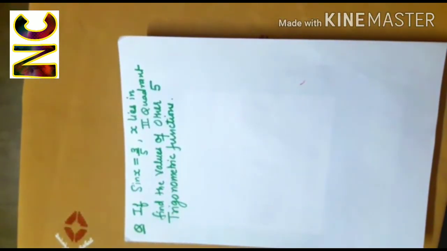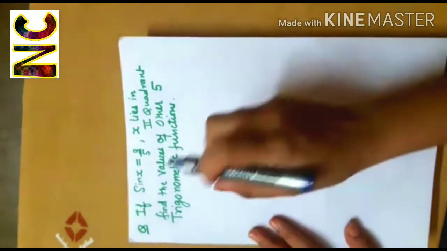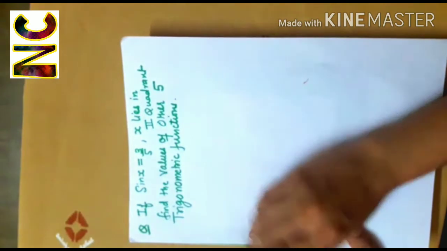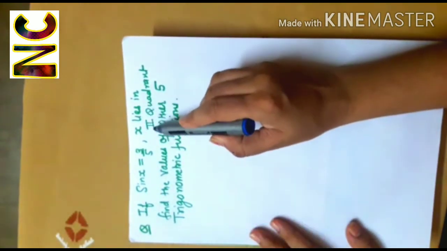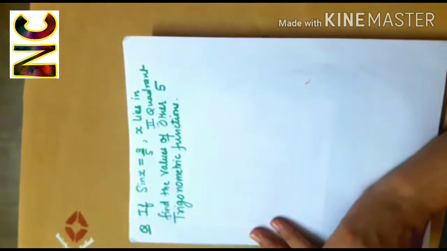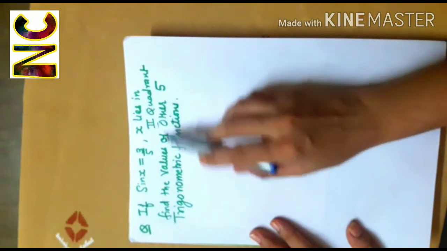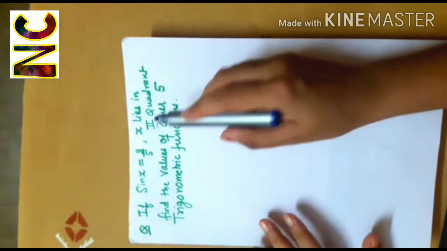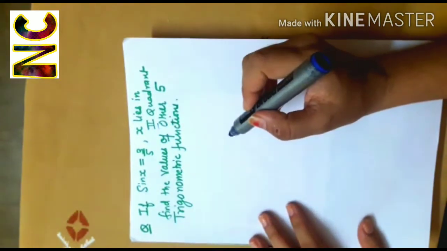Now let's take one question. If sin x is equal to 3 over 5 and x lies in the second quadrant, find the values of the other 5 trigonometric functions. x lies in the second quadrant.